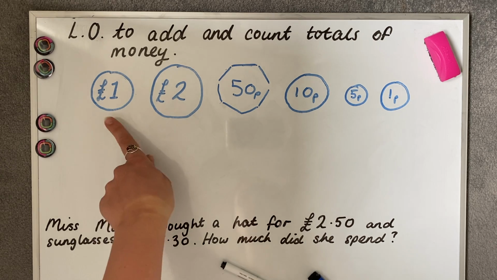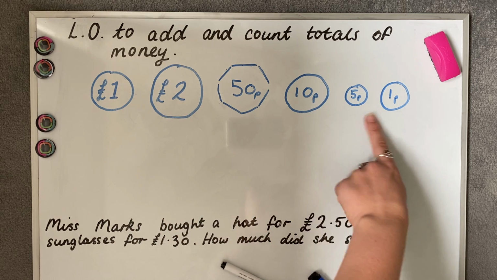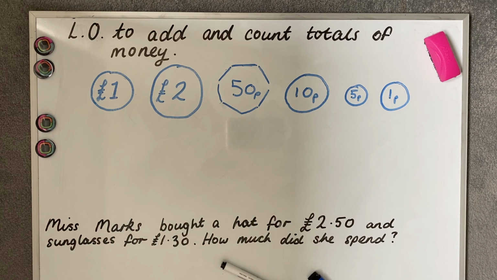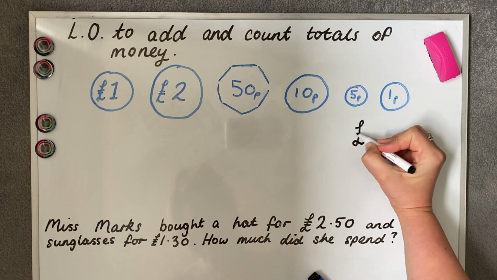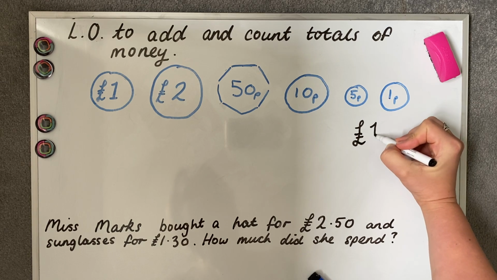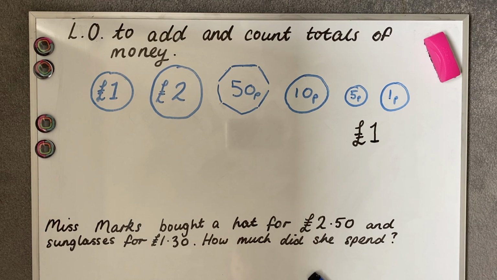Now, I've got some coins here that we're going to practice adding together. The first thing that we need to remember, which is super important when we're looking at money, is how many pennies are in £1. Can you tell me, or tell who you're watching this video with?